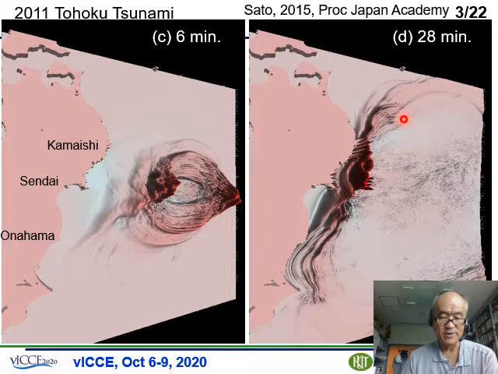And in about half an hour, the tsunami hit the coast like Kamaishi and Onahama and affected a long stretch of coastline in East Japan.